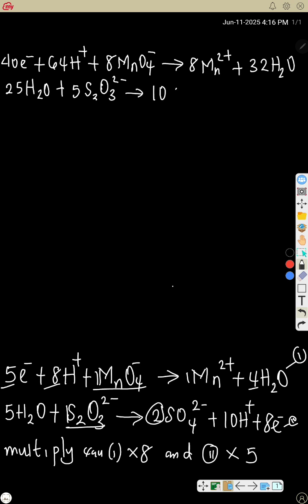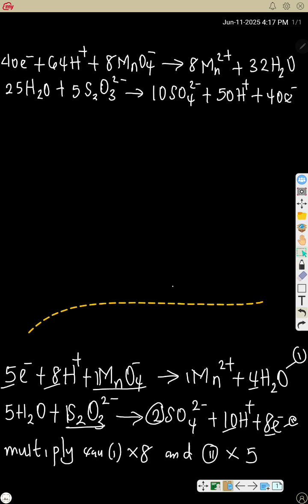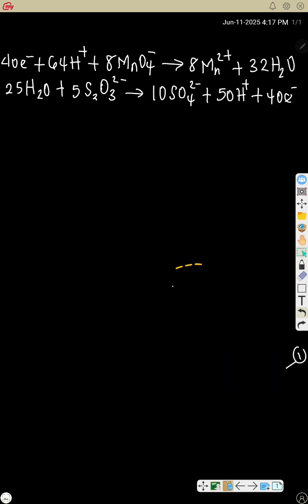To give 10 SO4 2 minus. 5 times 10, 50. 50 H plus. And 5 times 8, 40. 40 e minus. So with this, we have achieved our aim by making the electrons equal.